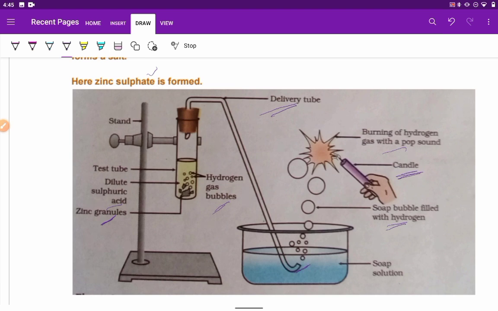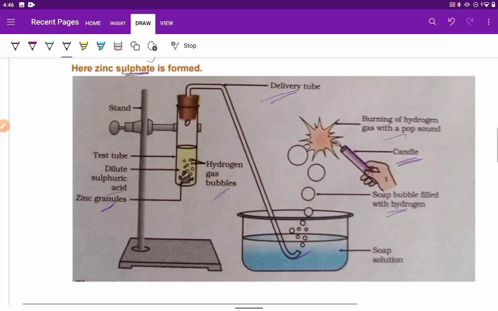And when you bring a burning splinter near the bubble or a candle, anything you can bring, we will find that there is a pop sound and there is burning of hydrogen gas. So here, since we are taking sulfuric acid, we will get zinc sulfate. So as I told you, the salt formed will depend upon what acid we are using.